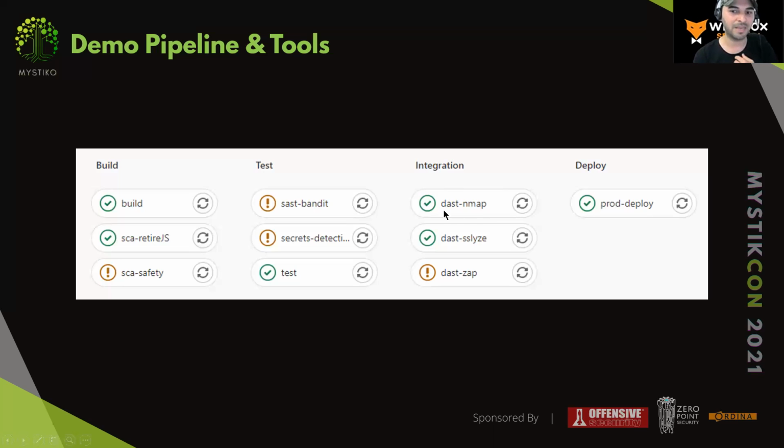This tool would pick it up, and it would also see if you're using TLS 1.0, 1.1, and highlight those as well. And then here we're running ZAP for dynamic application security testing. And then the last, once all of this is done, we've got a deploy stage, and we can deploy the application to the production environment only if we're happy with the output that these tools have generated.